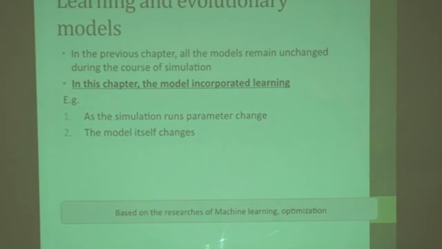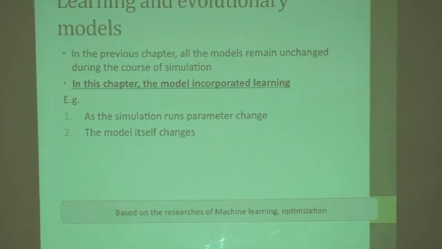First of all, this chapter is about learning and evolutionary models, and what's the difference from ordinary models. In the previous chapters, all of the models remained unchanged during the course of the simulation. That means the parameters are constant.